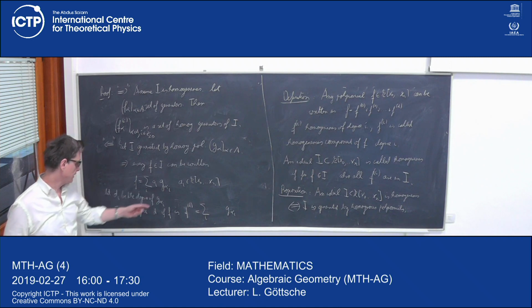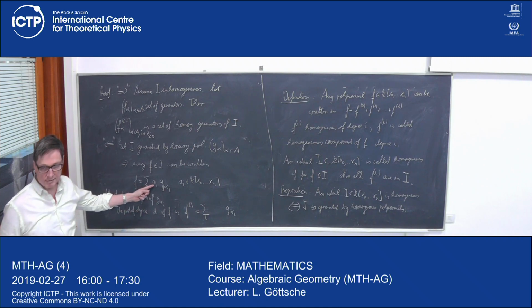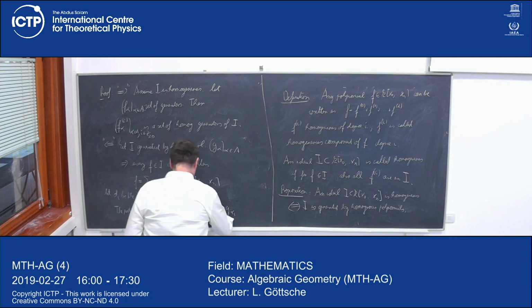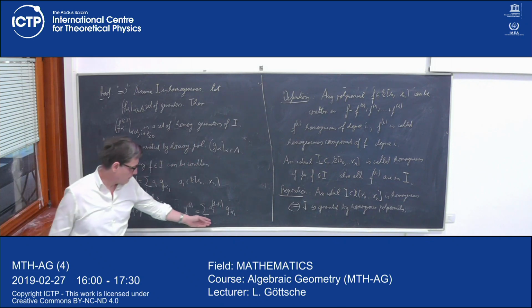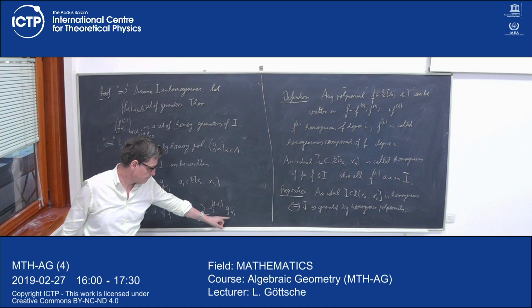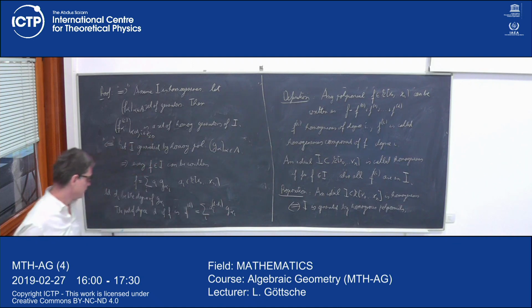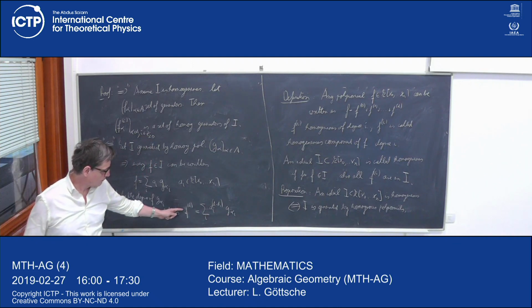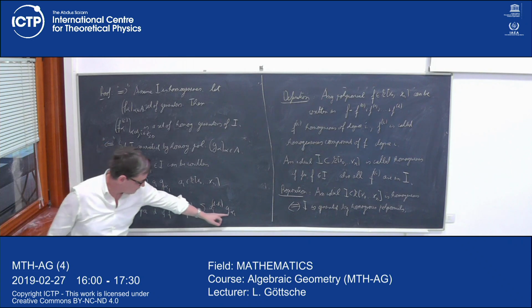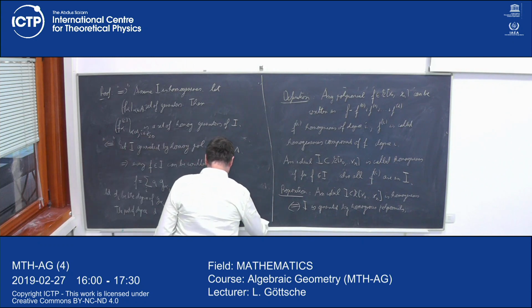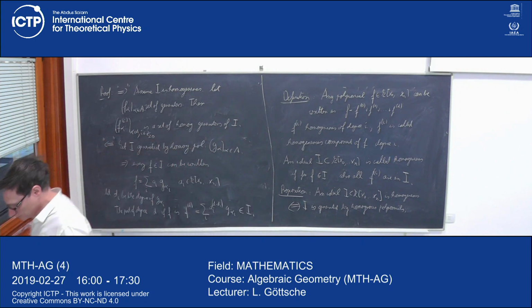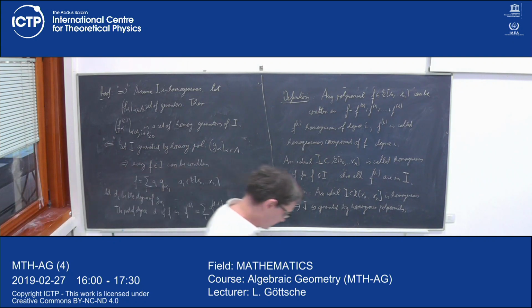The degree of g_alpha_i is d_i, so I have to take the part of a_i of degree d minus d_i. So we see this lies in the ideal generated by these elements, so it also lies in I. So every homogeneous component lies in I. Okay, so this is a simple fact.